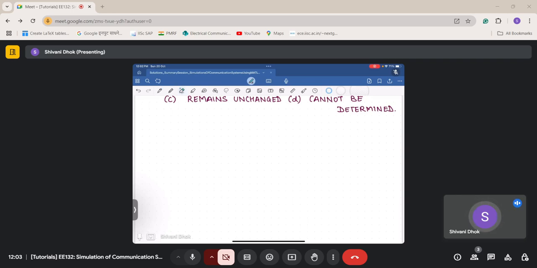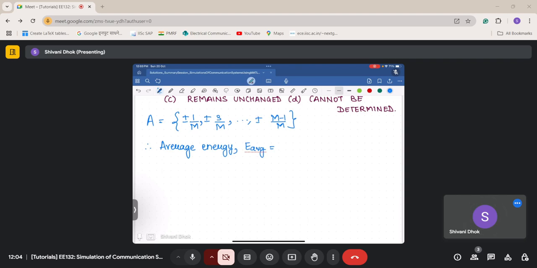So what is the constellation given to us? The constellation given to us is A, which is plus minus 1 by M, plus minus 3 by M, plus minus and so on till plus minus (M minus 1) by M. Okay, so therefore average energy E average is given by summation m equal to 1 to capital M of magnitude of Sm square into 1 by M. So we'll assume equiprobable symbols.